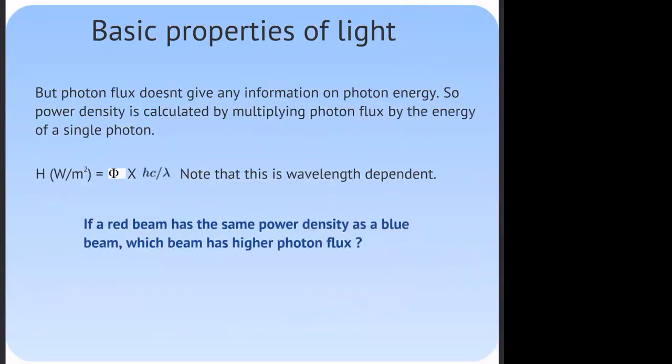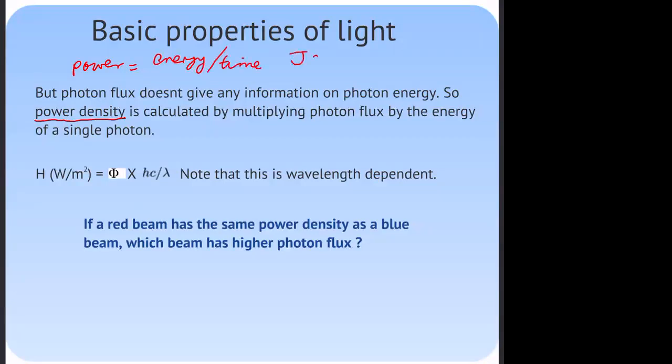So to compute energy, you also need to know one more piece of information, which is the wavelength of the photon or the frequency of the photon. So let's do a quick example. The power density. Now power is energy per unit time, right?